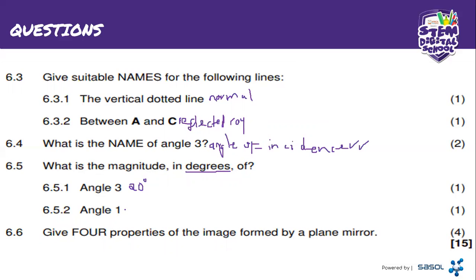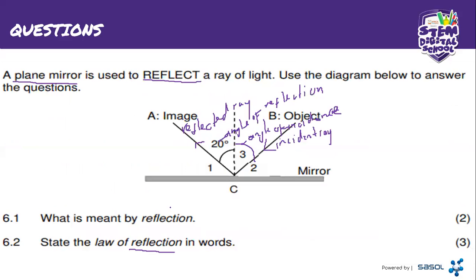Then we also want the magnitude of angle 1. Now, my dear learners, angle 1 is very easy. Remember, the normal there is perpendicular to the surface. So there's the normal, there's the surface. So this entire angle between the normal and the mirror, which is the surface, must be 90 degrees.